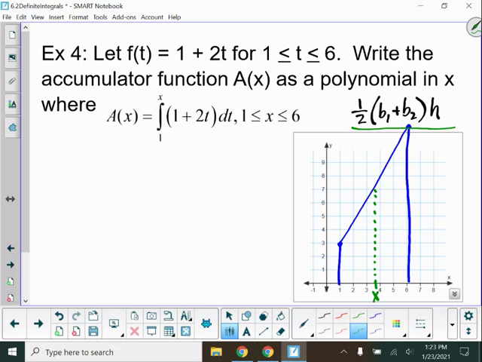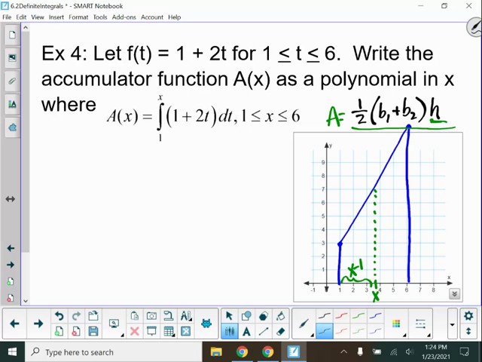This is the formula for area of the trapezoid. So we have to look at what our distances are here. I know that I have a 1 down here on the x-axis, and I'm going to some value x, which means this whole distance here is x minus 1. That is going to be the height. So x minus 1 is going to be the height.